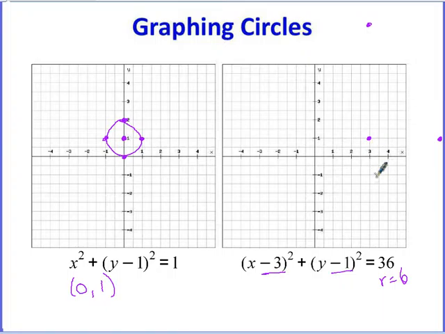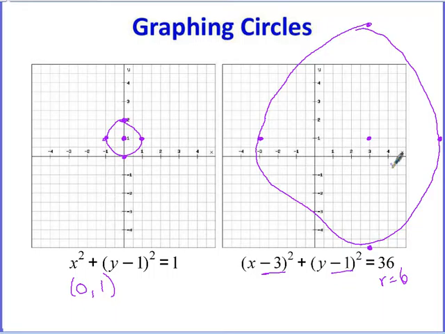Then 1, 2, 3, 4, 5, 6 down here, and the same on the other sides. It's going to look huge because of the scale in the graph, every other one is 1, so I have a really big circle. That looks terrible, but you get the idea. That's how we graph circles.